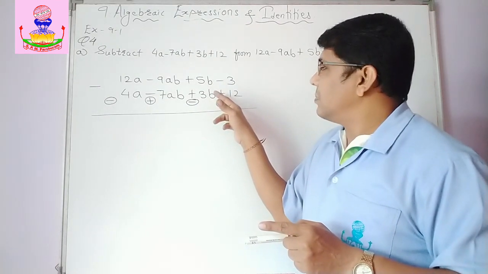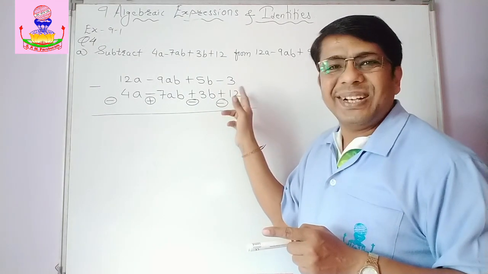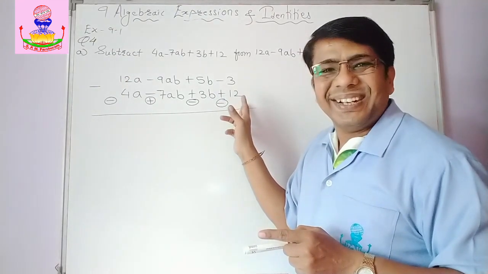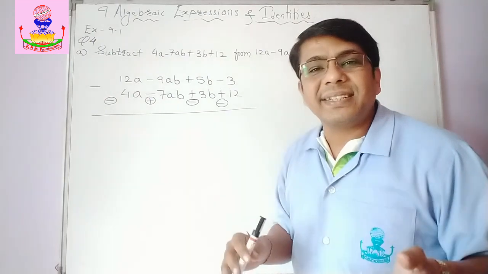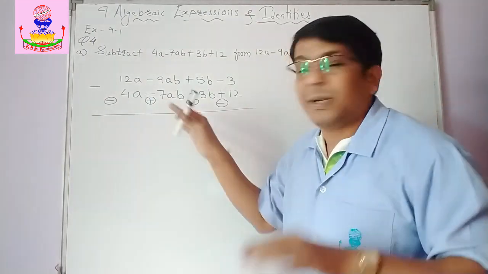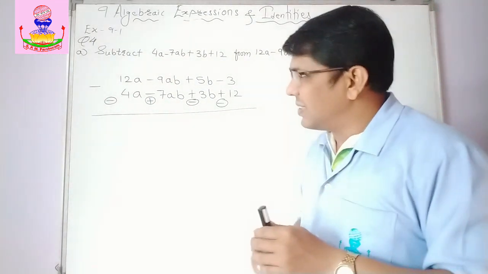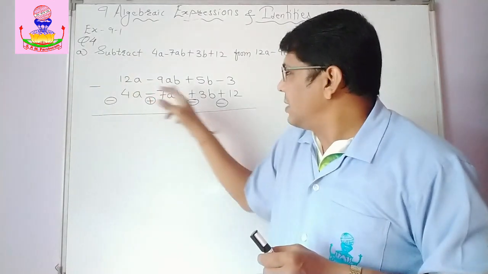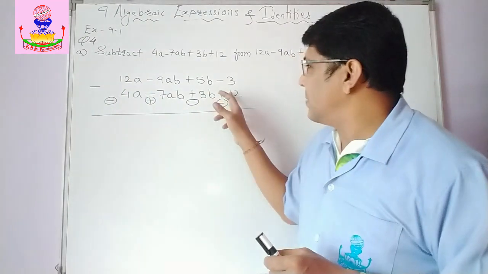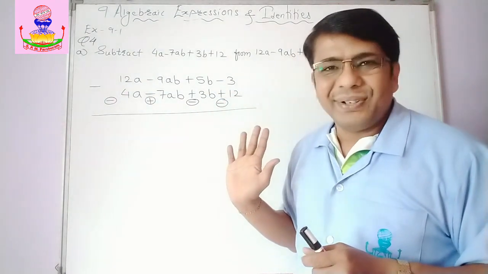Adding opposite of plus 12, minus 12, because we are doing subtraction here. So subtraction is nothing but adding the opposite of that particular number. Or in simple words, minus into plus, minus, minus into minus, plus.